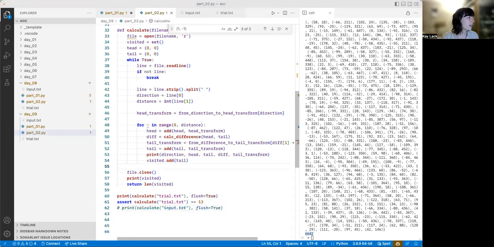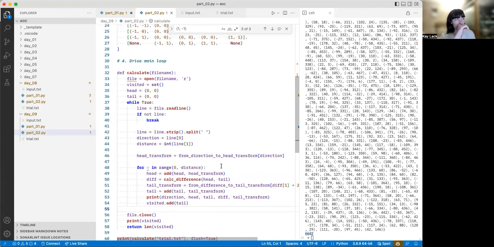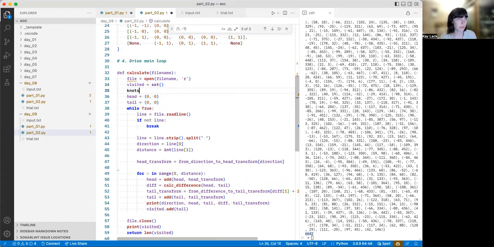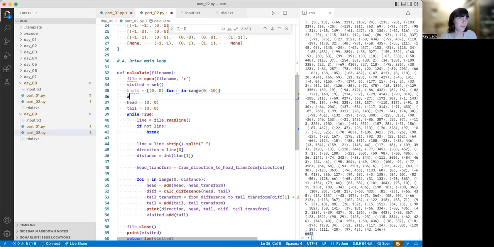Get rid of that and find out what the answer is supposed to be for this trial. 36 positions. How many is that going to be?